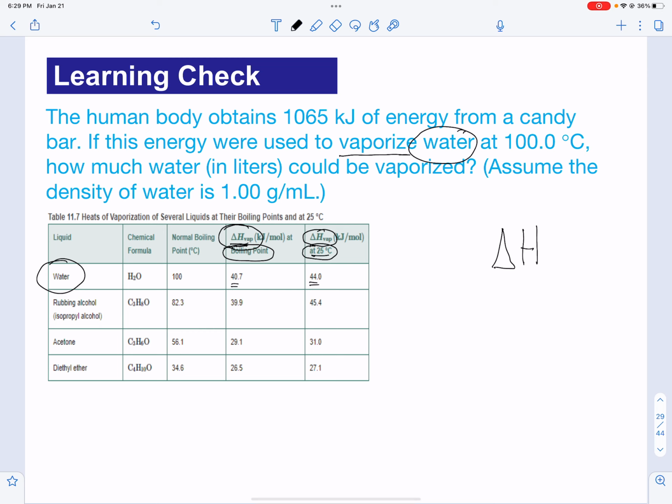If I begin at 25, it's going to require more energy to first get it to the boiling point, and then push it to go from liquid to gas. In this case, we're dealing with 100 degrees Celsius, so this one at the boiling point.